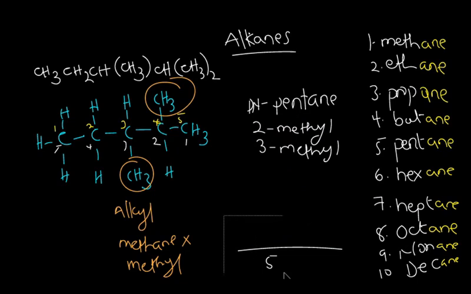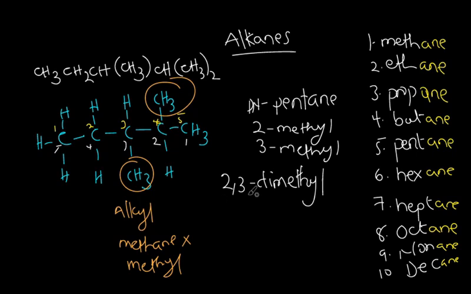Now that we have that down, let's name our compound. We know we have 2 substituents, and our parent name is pentane. These two are methyl, methyl, so it will be dimethyl. So we have 2,3 dimethyl.